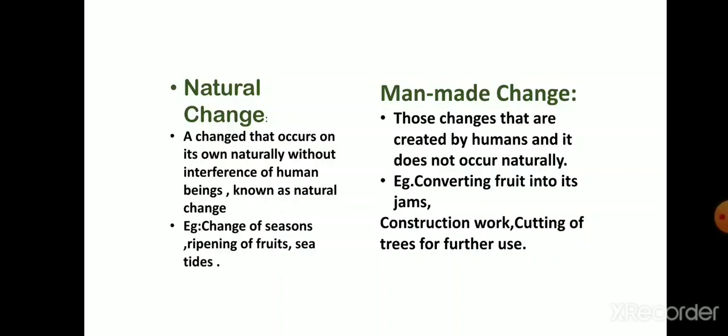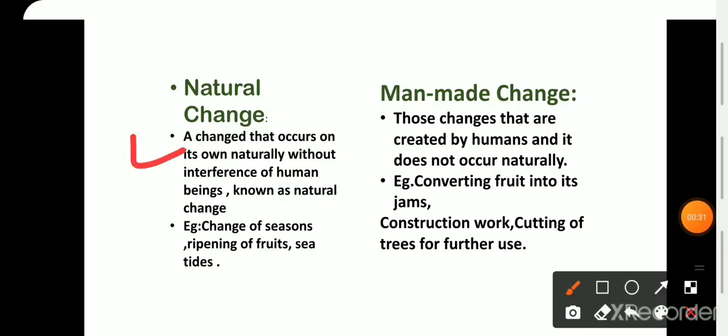Examples of natural change: changes of seasons, ripening of fruits, sea tides. A change that occurs on its own without interference of human beings is known as a natural change. There is no role of humans in this change.